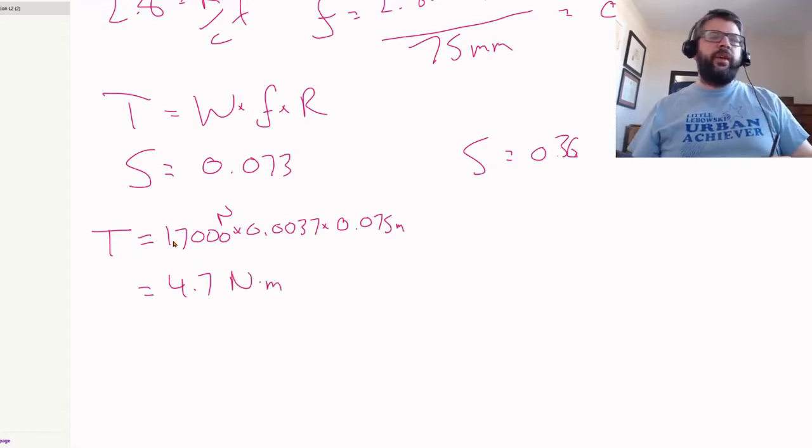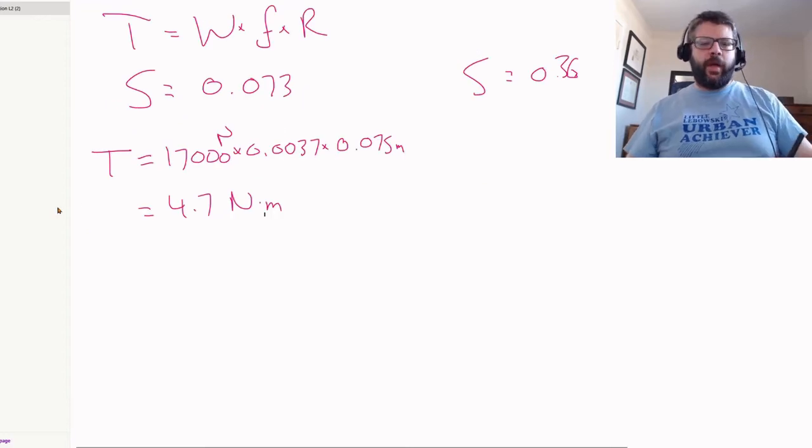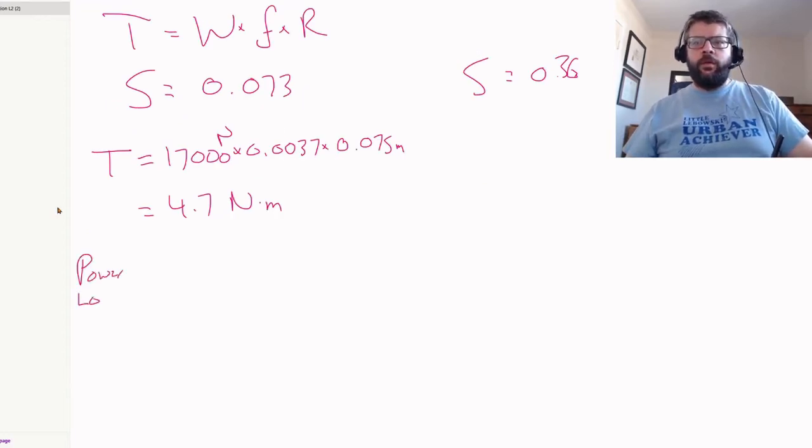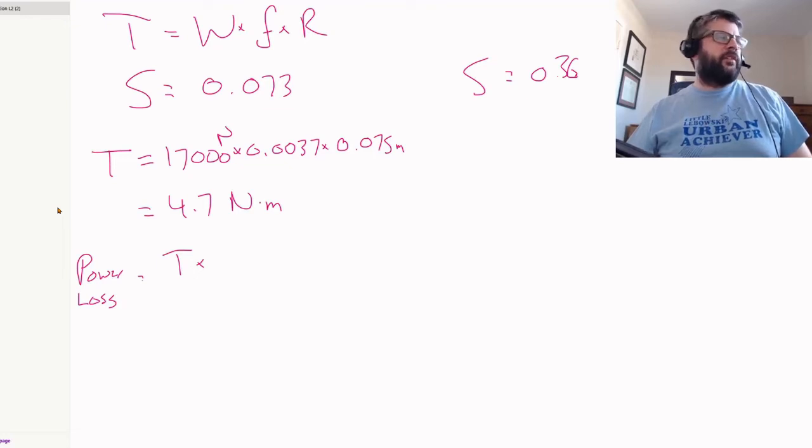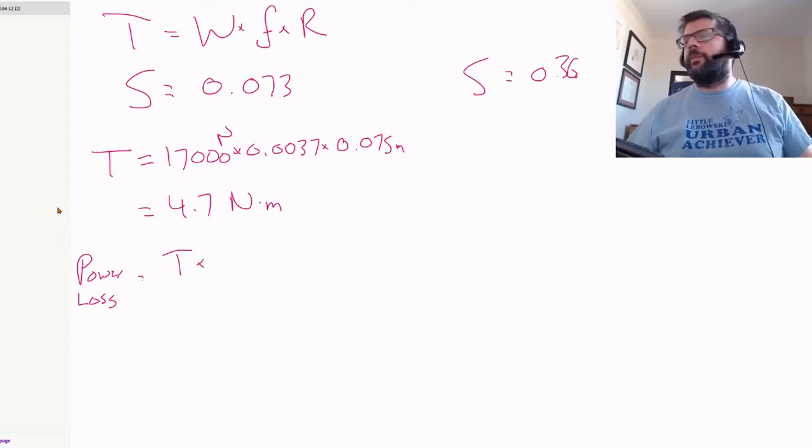So that's a torque we need to overcome if we want to figure out the power loss. That's going to be equal to the torque times the speed in radians per second. The charts are all normalized to revolutions per second, but if we want to do power calculations, we need to do that in radians per second.